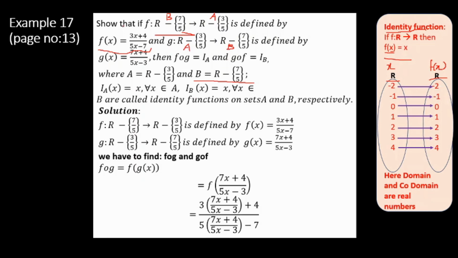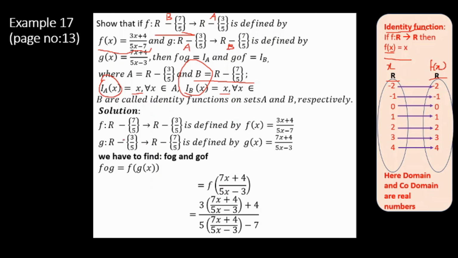And when you solve it, if you are getting x as the final answer, that means it is equal to identity function on set A. Again, if you're solving it for B and you're getting x, again it will be an identity function.